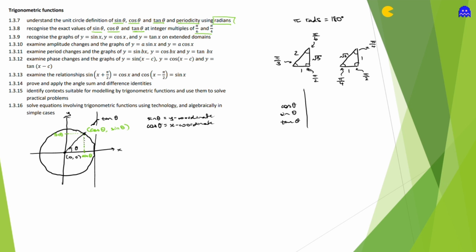On a graph here, we know pi on 6, pi on 4, and pi on 3. And so for cos theta, pi on 6 is going to be root 3 on 2, sine is 1/2, and tan is 1 on root 3, and so on and so forth.